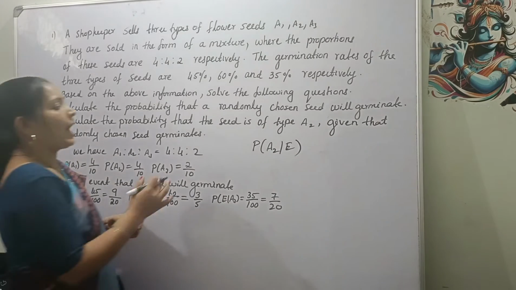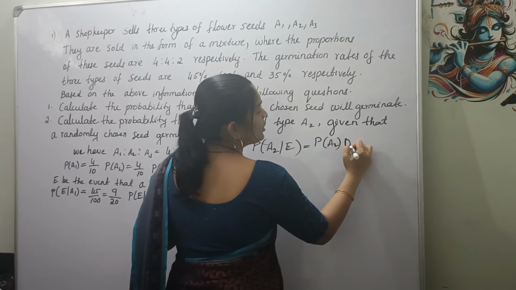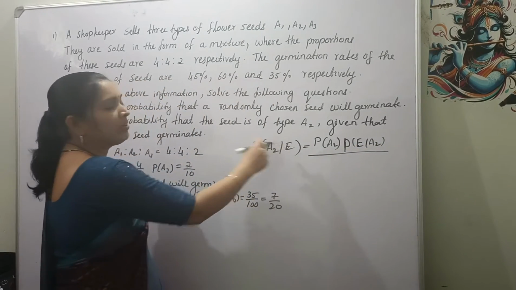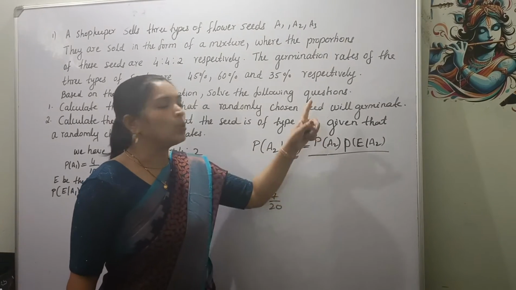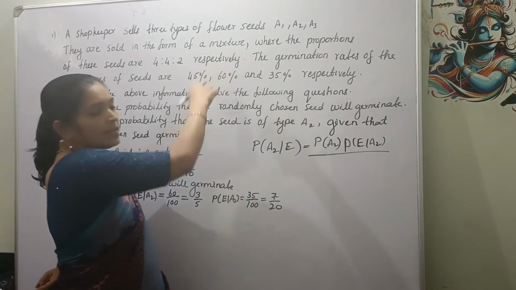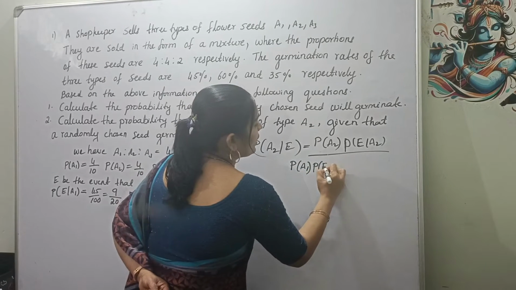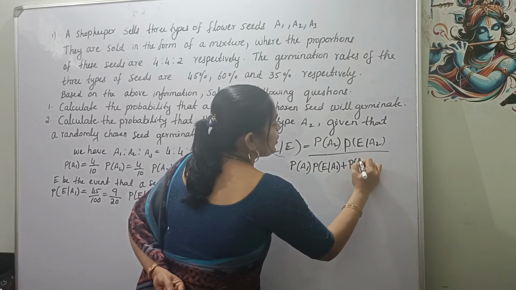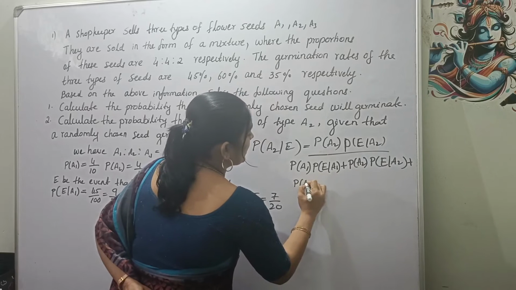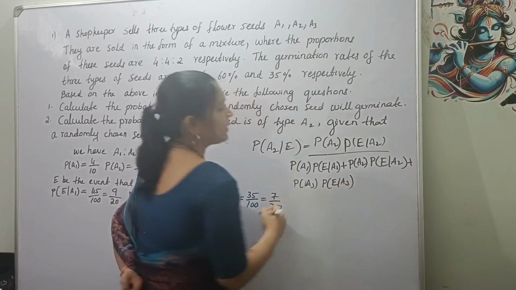By Bayes theorem, right? We have a formula, probability of A2 given E is probability of A2 into probability of E given A2, right? Don't be confused. Probability of A2 given E is probability of A2 into probability of E given A2 divided by, there are 3 types, right? So 3 events. Here probability of A1 into probability of E given A1 plus probability of A2 into probability of E given A2 plus probability of A3 into probability of E given A3, right?